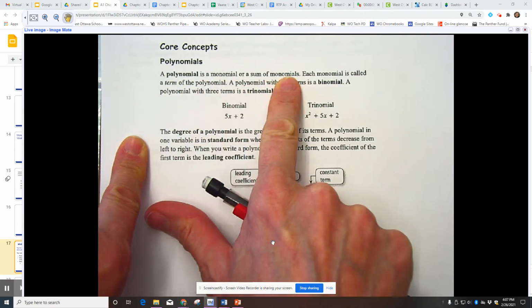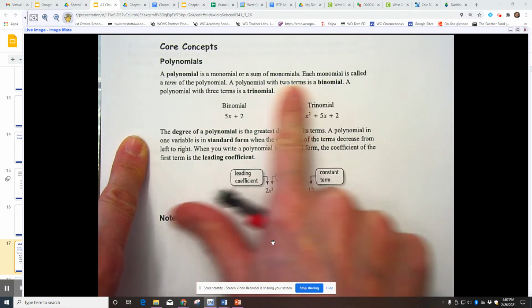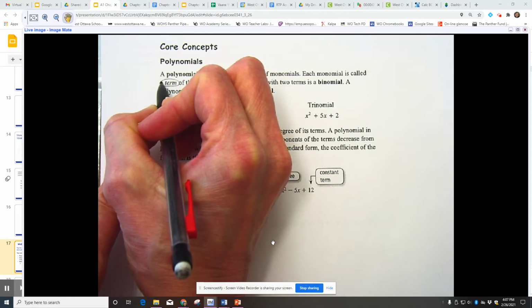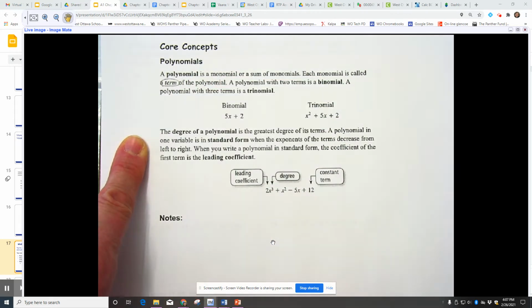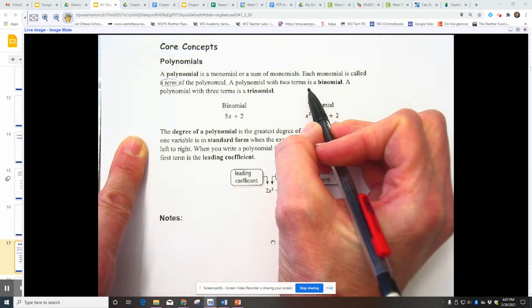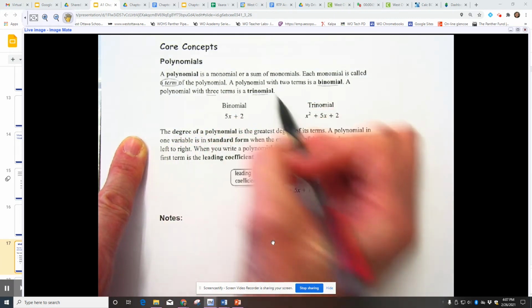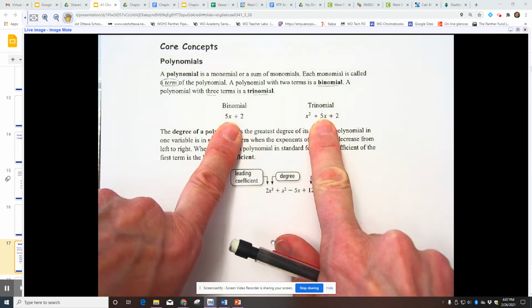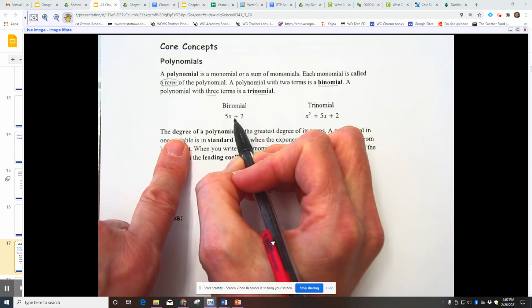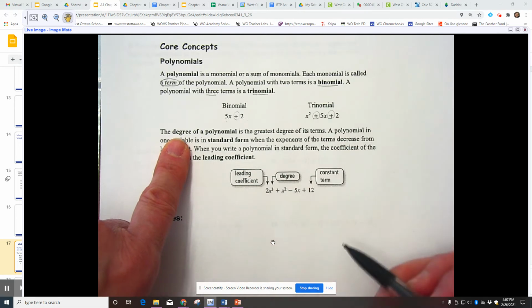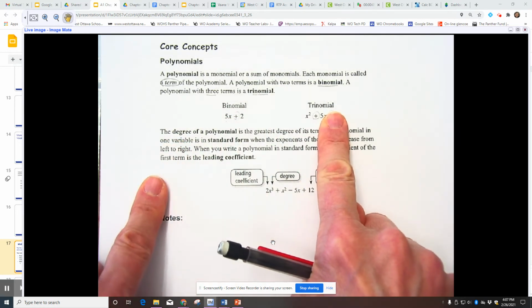So we're just adding the monomials together. Each monomial is called a term, right? I said that when I was doing the description on the other page. A polynomial with two terms is a binomial. A polynomial with three terms is a trinomial. Couple examples here. Two terms, remember, separated by pluses or minuses. 1, 2, 3 terms. Binomial, trinomial.